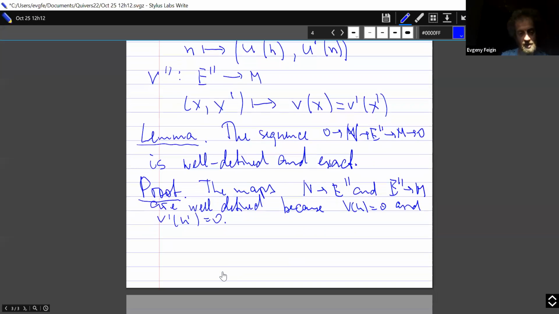Okay, but let us show that xi plus eta is indeed exact.